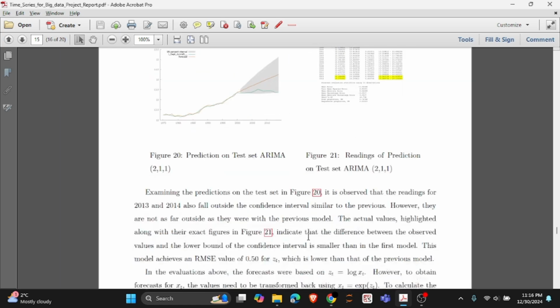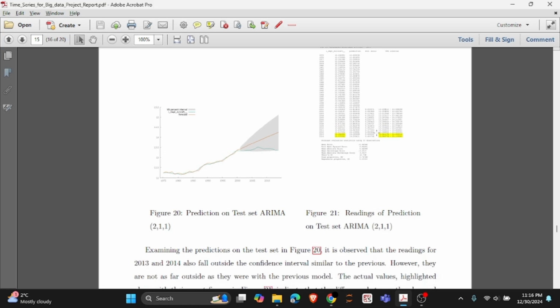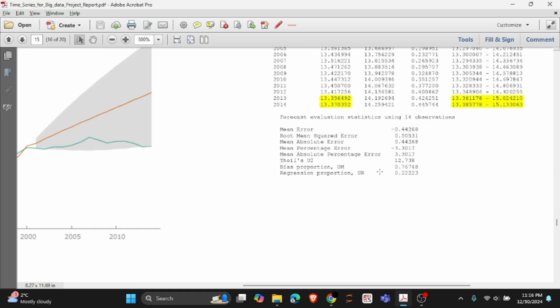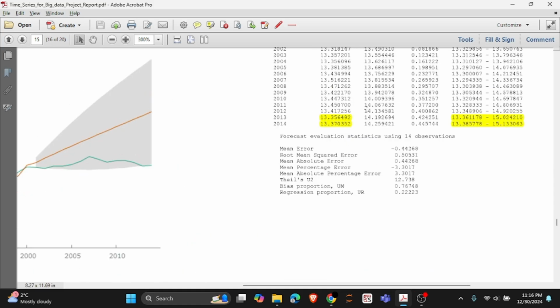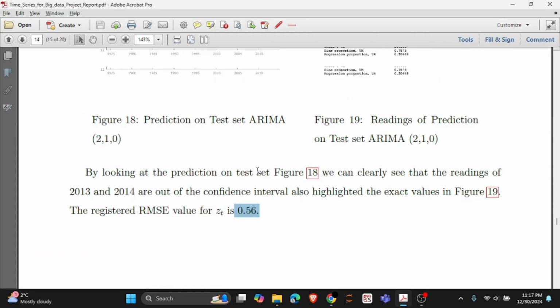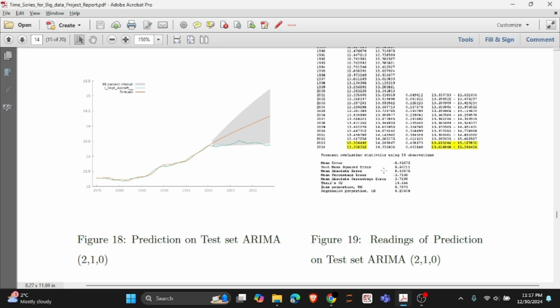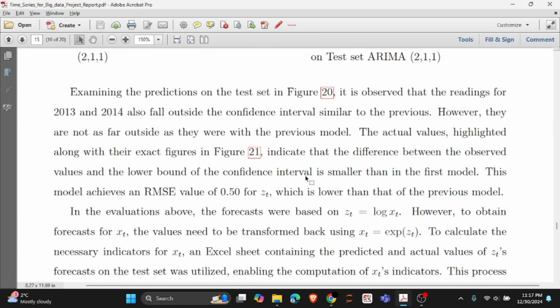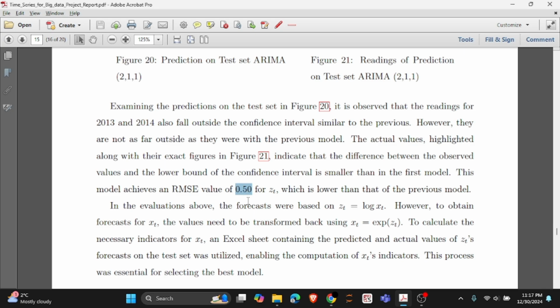And for 2,1,1, the 2013 value was close to the forecast. It is closer to the forecast compared to the previous ARIMA 2,1,0 model, which was less close. It also has a root mean square error less than the previous model, which was 0.56, but here it is 0.5.